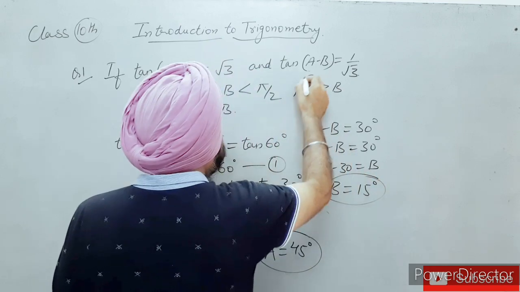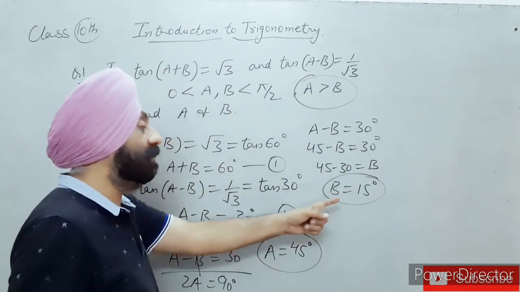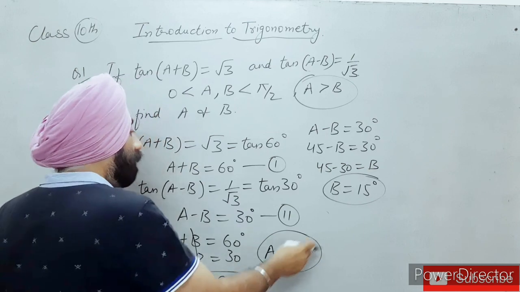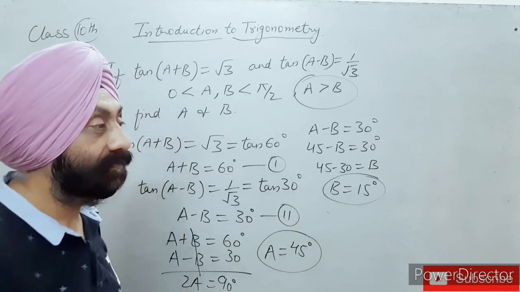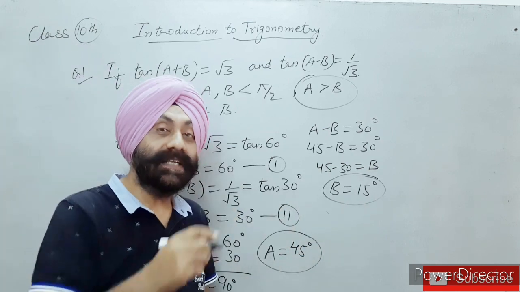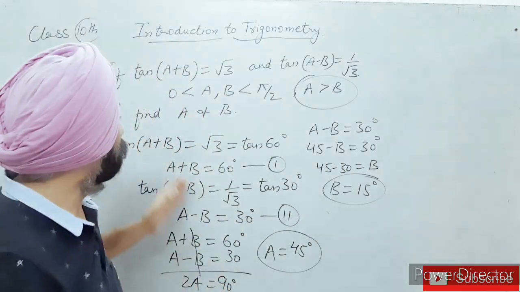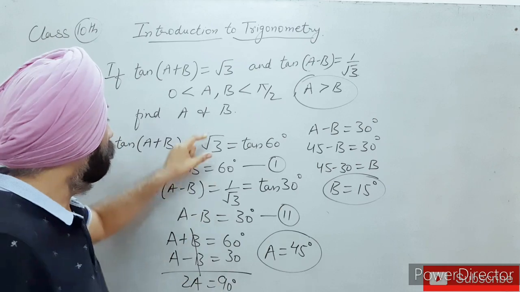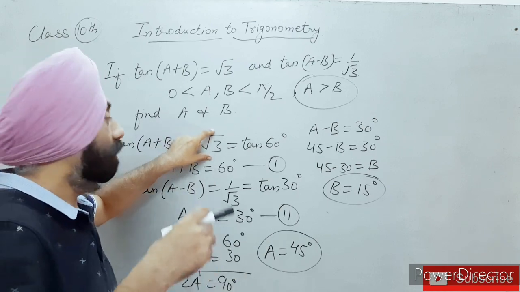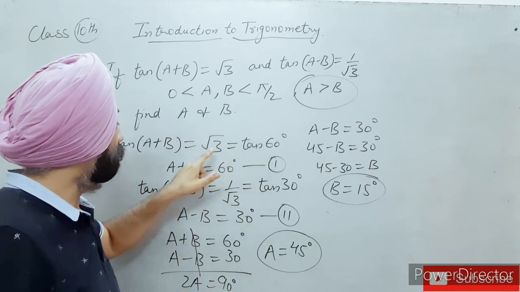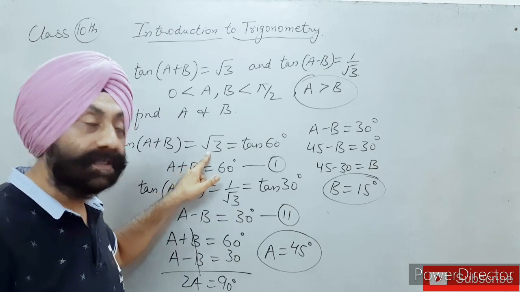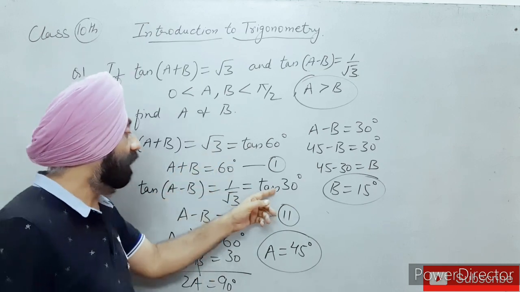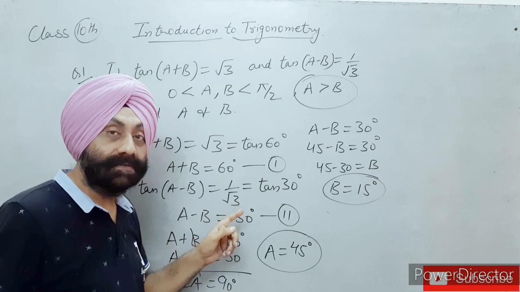Now A was greater than B, A is obviously greater than B, and both A and B lie in the first quadrant. The first quadrant was 0 to 90 degrees, right? So this sum can be solved only if you remember which angle of tan has a value of under root 3, and which angle of tan has a value 1 by under root 3.